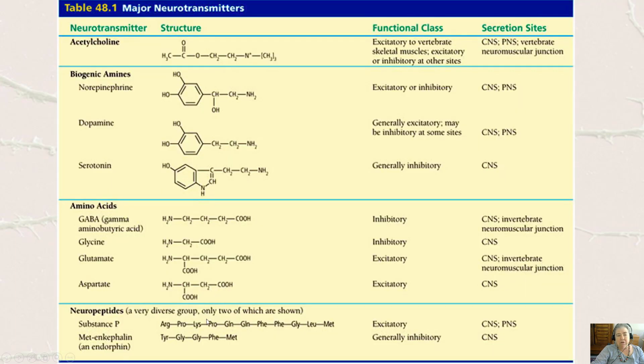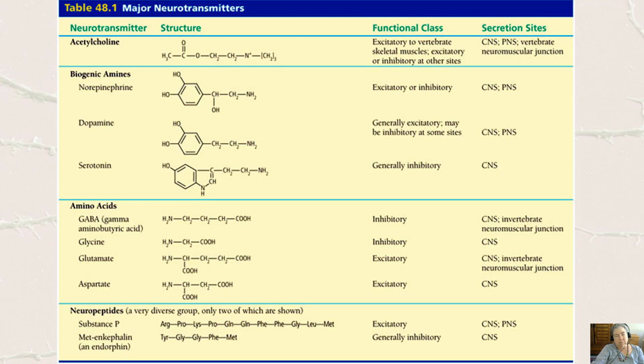And then there are the neuropeptides. There are a ton of neuropeptides. So these are short chains of amino acids. They're not proteins, but they are short chains of amino acids that function as neurotransmitters. And among those that we will find ourselves hearing about or talking about frequently are two that are very involved in pain perception.